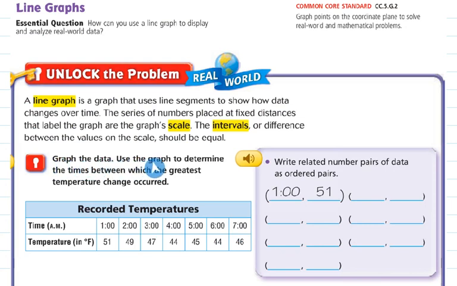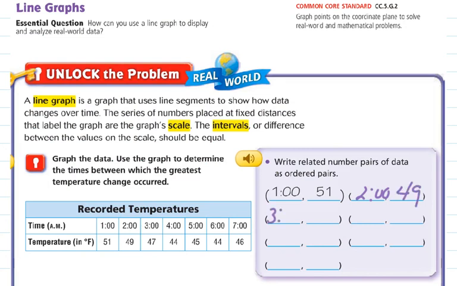It says graph the data, and use the graph to determine the times between which the greatest temperature change occurred. So it says write the related numbers of data as ordered pairs. At 1 a.m. it was 51 degrees. At 2 a.m. it was 49 degrees.